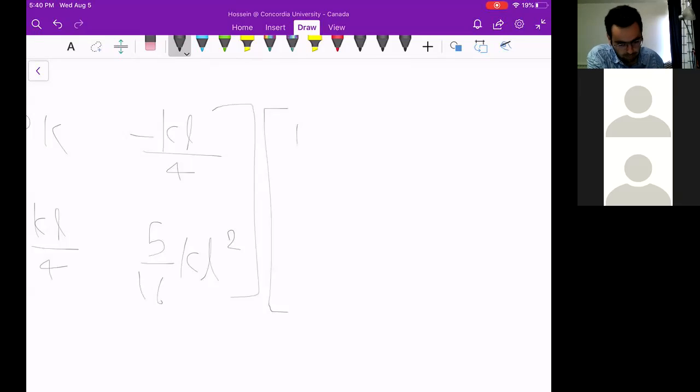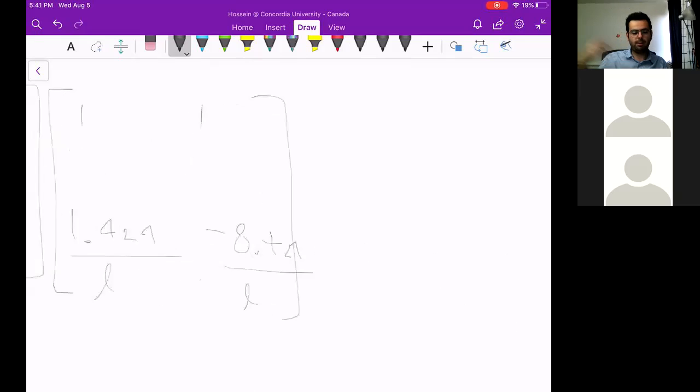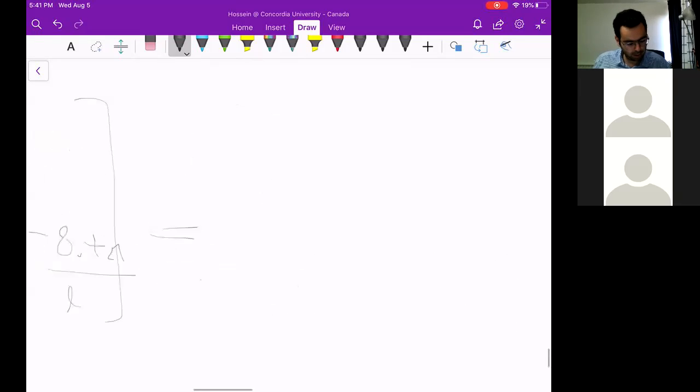So 1.424, I will find the question of 1/4 over L, minus 8.424 L. If you multiply this matrix, you could either multiply the first two or the second two, then multiply by the third matrix, and then you will reach the diagonalized stiffness.